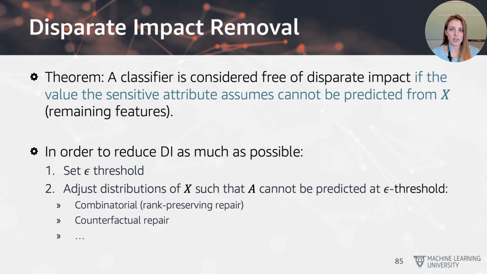So how can we actually remove the DI? A classifier is considered free of disparate impact if the value of the sensitive attribute cannot be predicted from X, the remaining features.